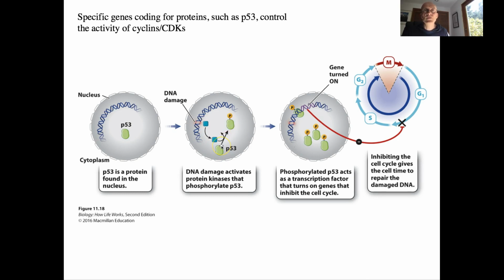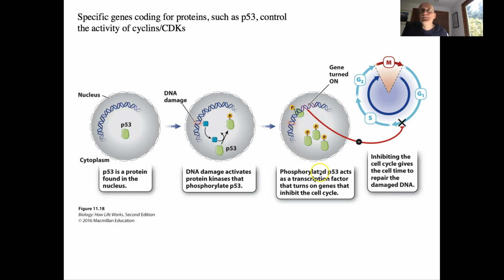And I had previously said that proteins that transfer phosphate groups are called kinases. So there's a specific kinase that takes a phosphate group, for example, from ATP, and sticks it onto the inactive P53, now making it a phosphorylated P53 that is now active.